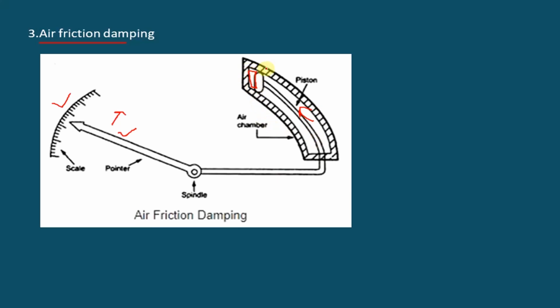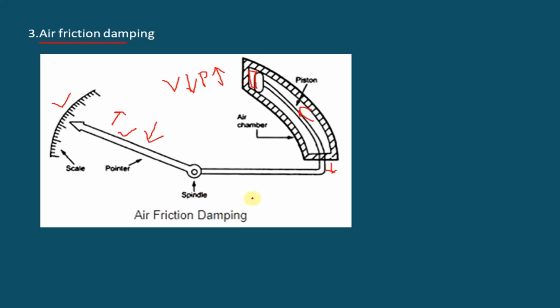If the volume is decreased, then the pressure will be high. So the system will force the piston in this direction. Then the pointer will go in this direction. So this is also one kind of damping. This is called the air friction damping system.